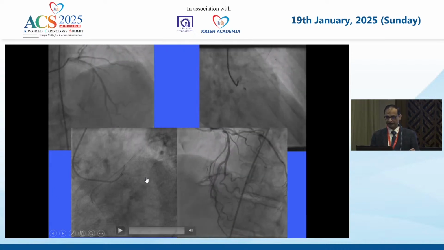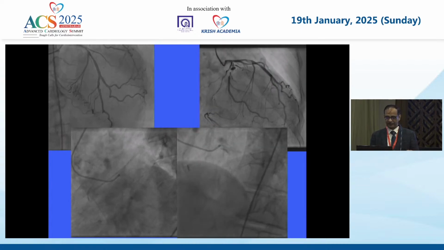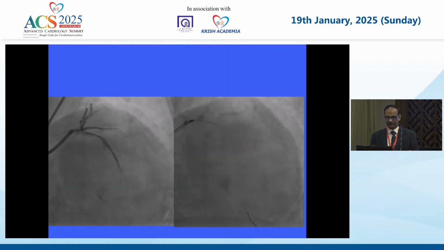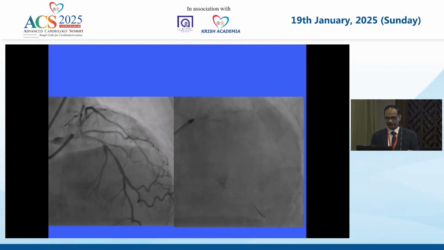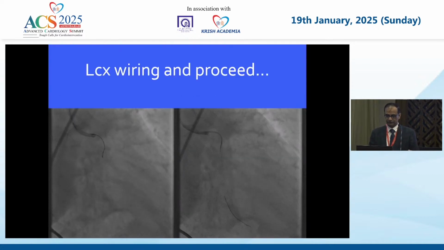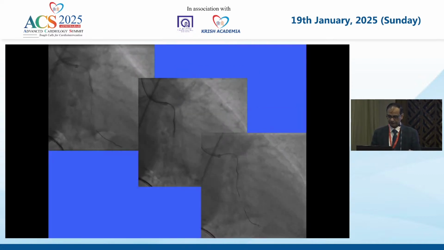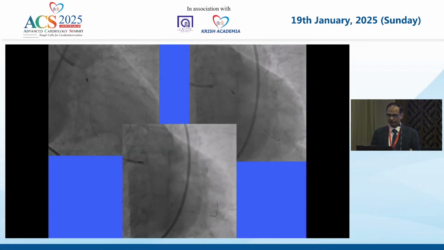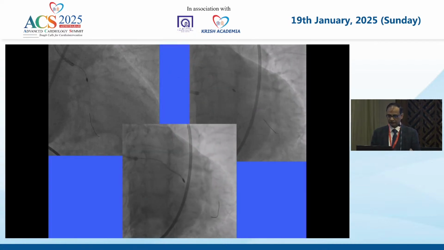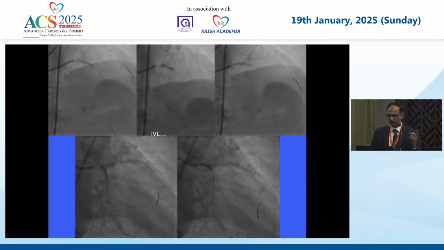This is a complex left main bifurcation with the CTO of the RCA. We first fixed the RCA CTO and then worked on the left main bifurcation. Quickly run through it. This is a rotatripsy of the left main bifurcation. We'll not go through all the steps.